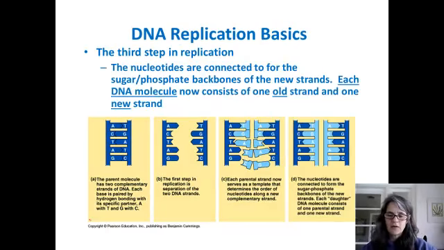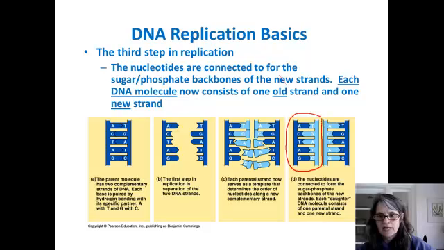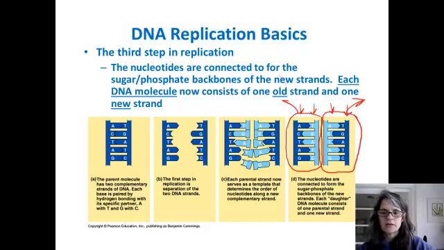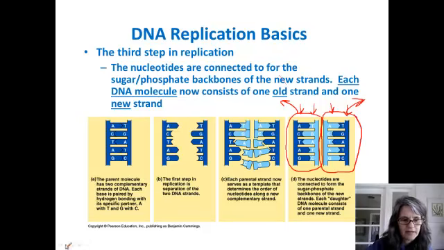Okay, and so in the end, what you get are two completely identical strands of DNA, and each of them is made up half of the old parent strand and half completely new DNA nucleotides. Half old, half completely new. And this one can go to one daughter cell and this can go to another daughter cell. And so we have replicated and passed on genetic information.